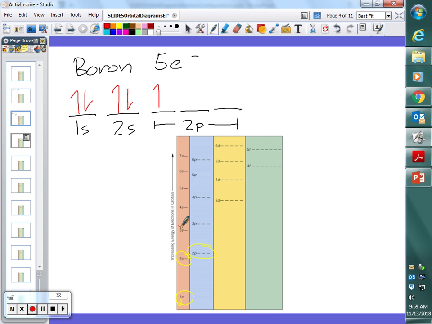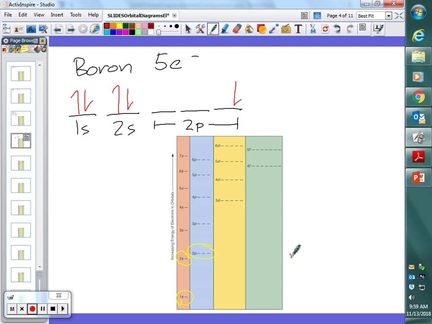What else wouldn't matter at this point in time? There's one other thing that really doesn't matter when we're just talking about this one single electron. Is that orbital diagram wrong for boron? Nope.